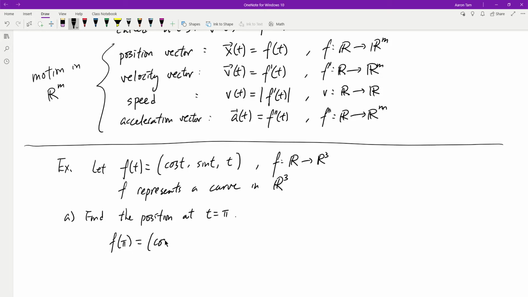That would be cosine pi, sine pi, pi. Based on what you learned in trigonometry, you should recognize that cosine pi is -1, sine pi is 0, and then the last entry is just pi. Therefore, at t equal to pi, this is the position that the particle is in if we were moving along this curve, following this function.